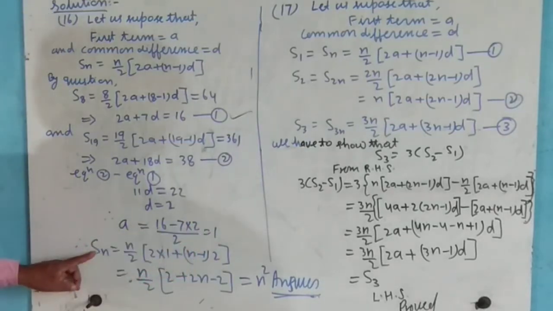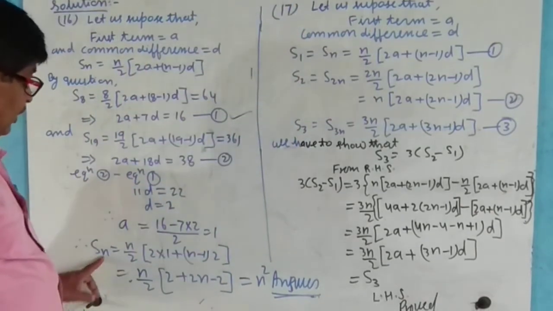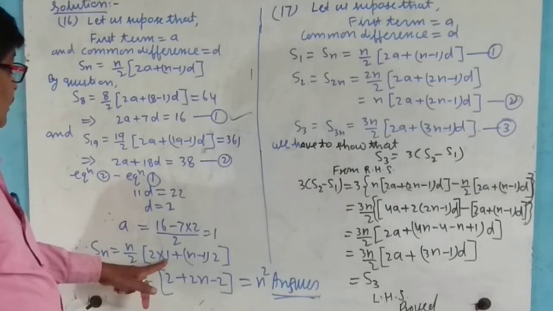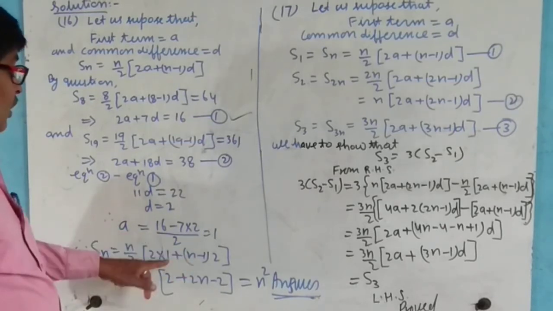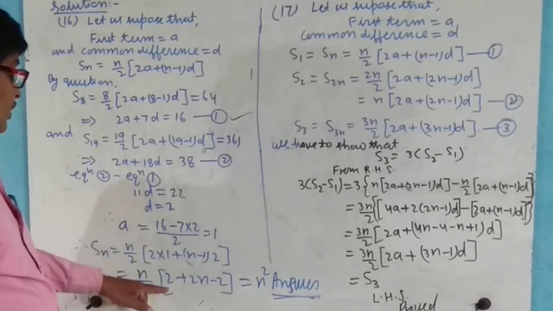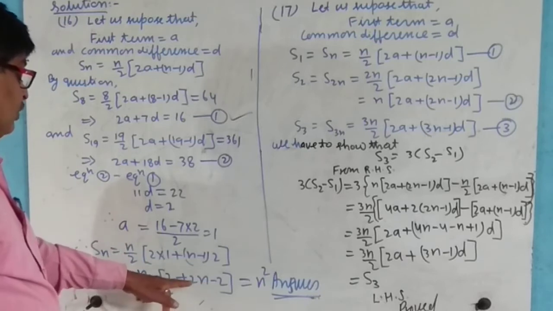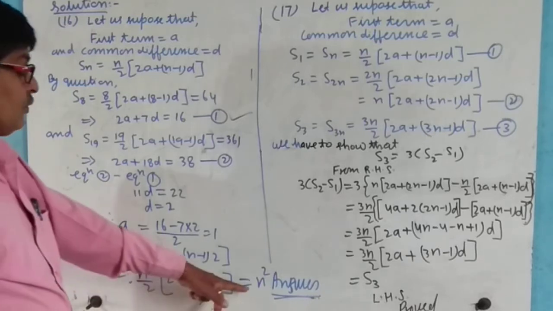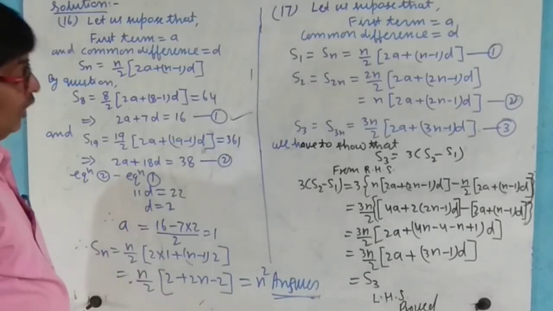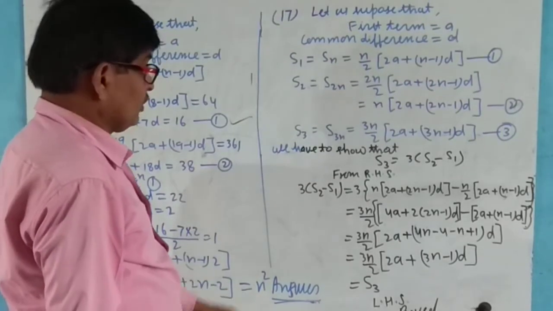So we have calculated a and d. Now the sum of n terms: Sn is equal to n by 2 into (2a, putting the value of a as 1, plus (n minus 1) into d, with d equal to 2), so this is 2n minus 2, the 2s cancel, and we get n square. So the sum of n terms of this series is n square.